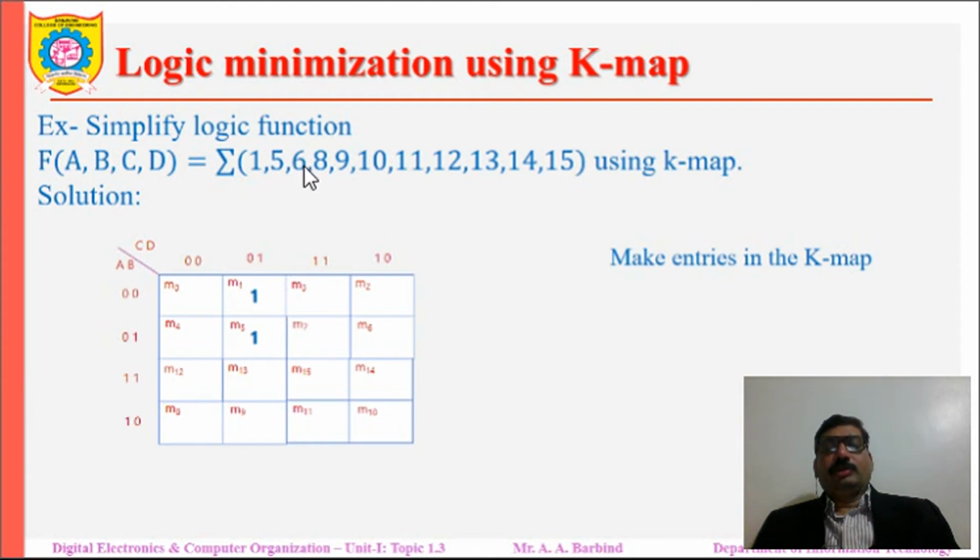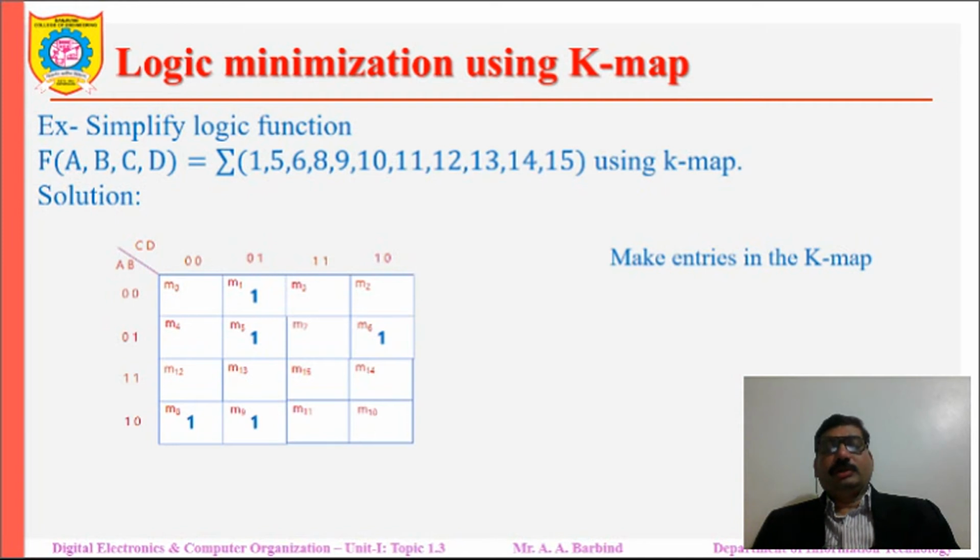Then the next minterm is 6, ABCD are 0 1 1 0, so this is the M6, and here there will be the next entry. Then after that it is 8, the cell for which ABCD are 1 0 0 0, so this is corresponding to 8.